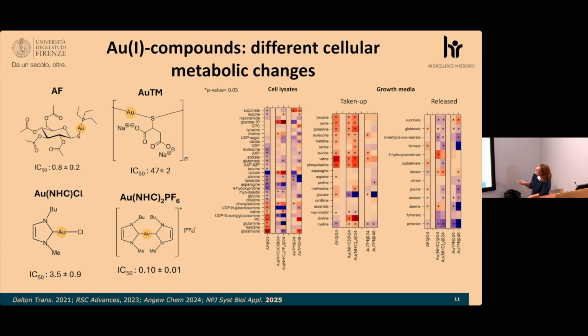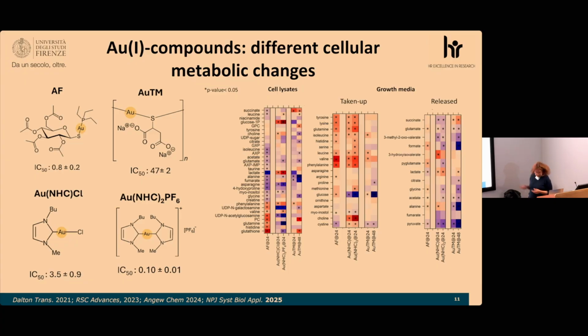For aurothiomalate, which is this other gold 1 drug, we have an increase in glutathione, which is slower, appears later in time of the treatment, and is never so high as for auranofin.